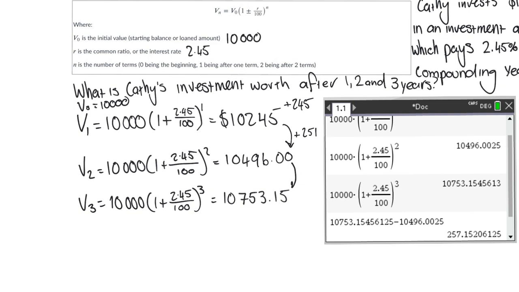But now the jump from the second year to the third year is $257.15. So you can see after each year, the amount of interest that gets added back in gets bigger and bigger and bigger. So you can imagine what would happen after maybe not 1, 2, and 3 years, but 10 years, 20 years, 30 years. The amount of interest that will get added each time will increase at a much larger rate.